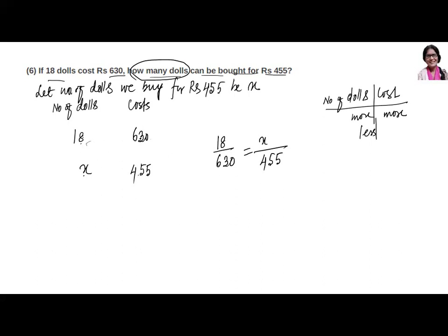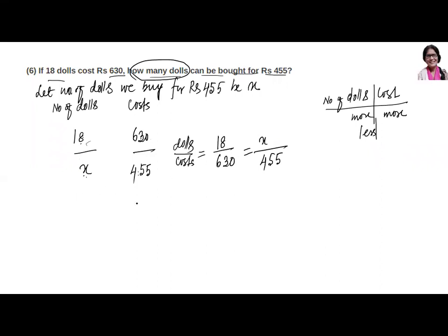Either 18 by 630 is equal to x by 455 or 18 by x is equal to 630 by 455. So what I've written is dolls to cost. Wherever you write it, you will understand that the ratio of dolls to cost is constant. So 18 to 630 is equal to x to 455.